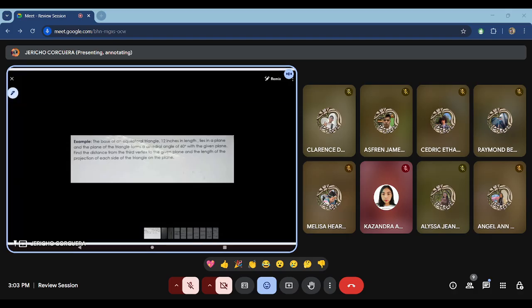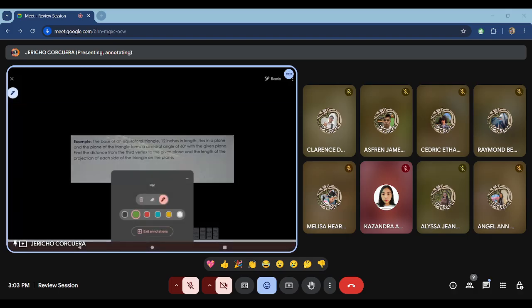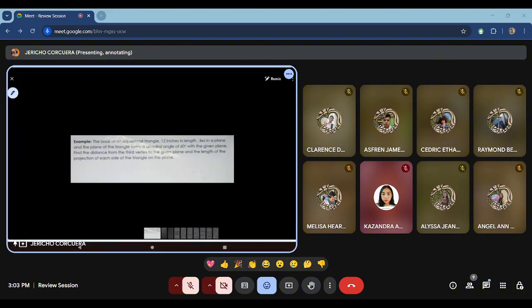So let's draw the figure here. This is the plane, and this is the equilateral triangle. Then we have a dihedral angle of 60 degrees, and we are looking for these sides here. This is 12, the other is 12 as well.